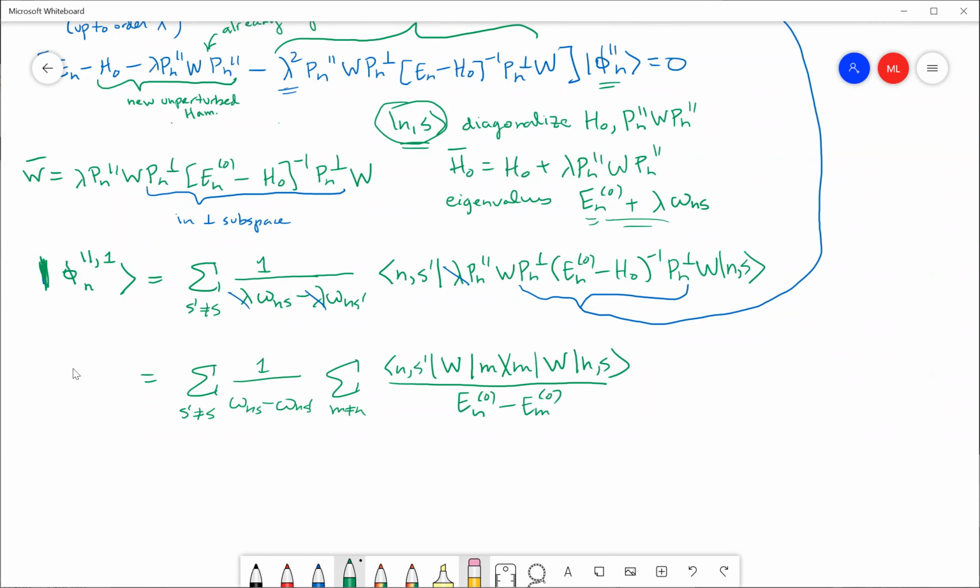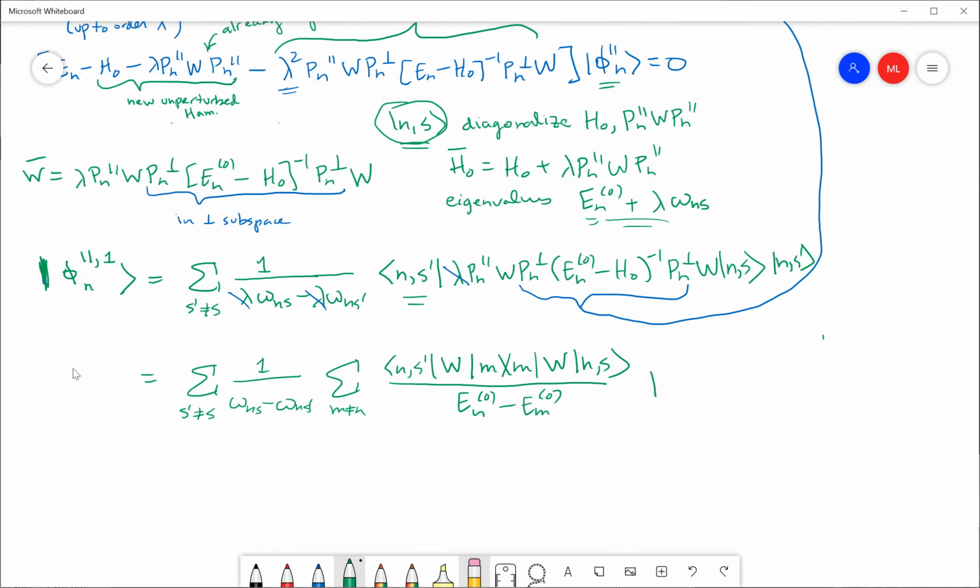Yeah, I'm missing a ket, exactly. I'm missing a ket from this guy, which was part of a projection. We're summing over all the S primes not equal to S, and this was a projection onto that space. So there's an extra N S prime ket, which just comes from breaking up this guy. So I just forgot to put that in there.